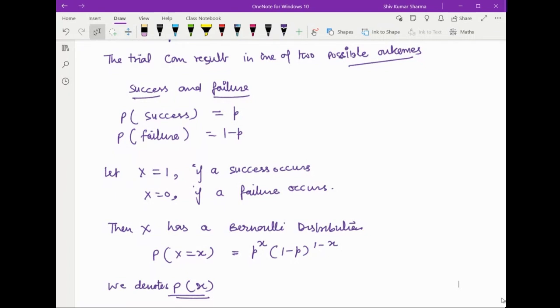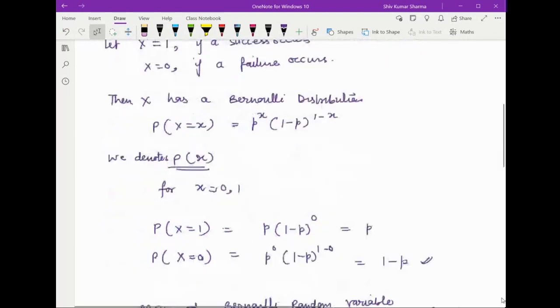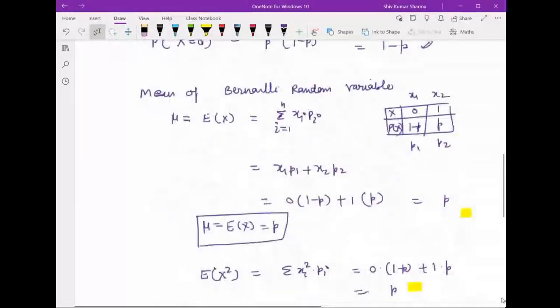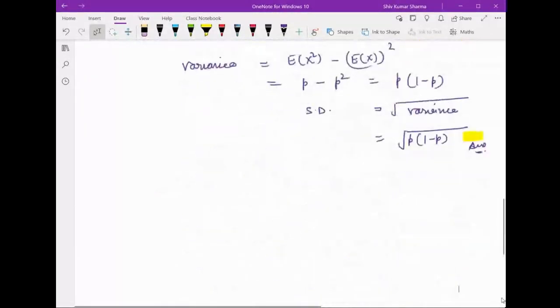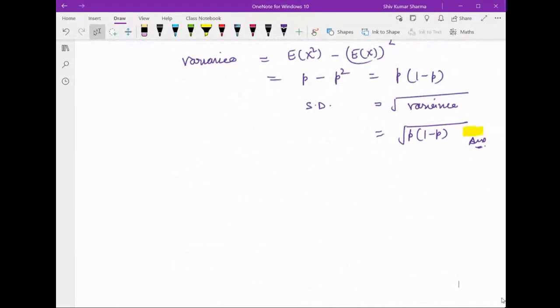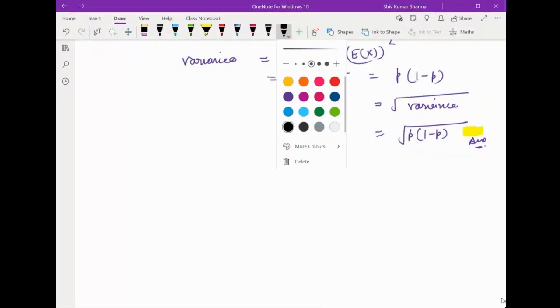So X equal to 0 and 1, taking only two values, either success or failure. You can understand with an example. We can discuss one example also.